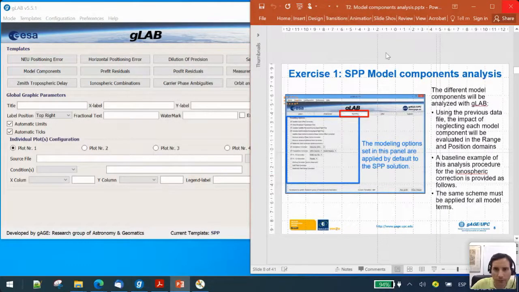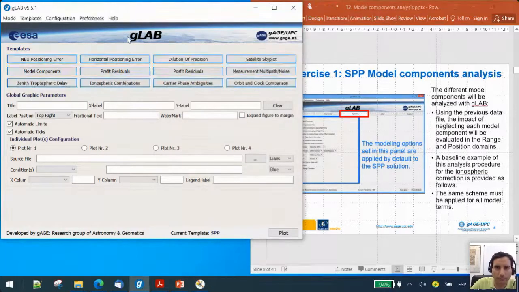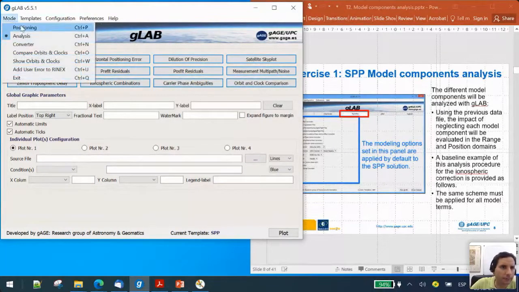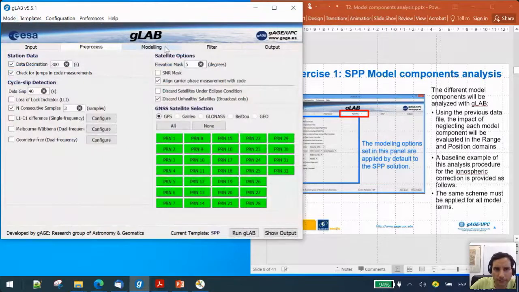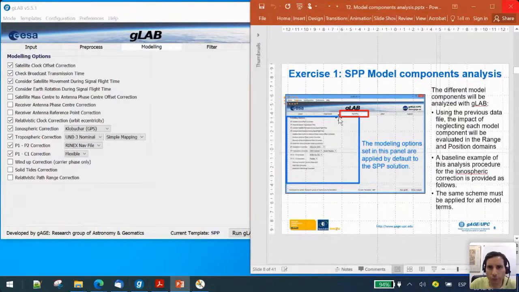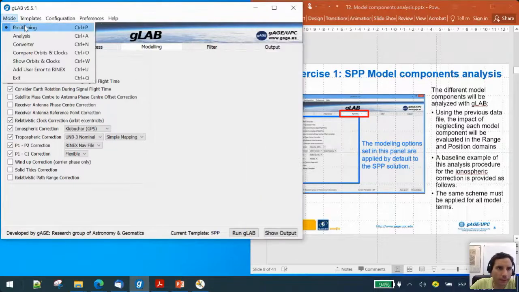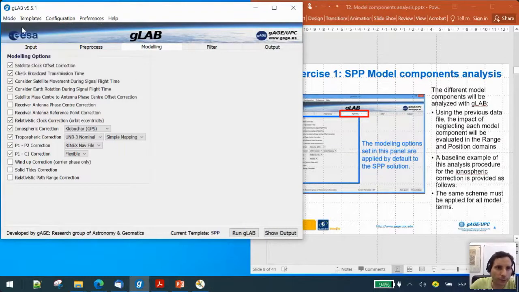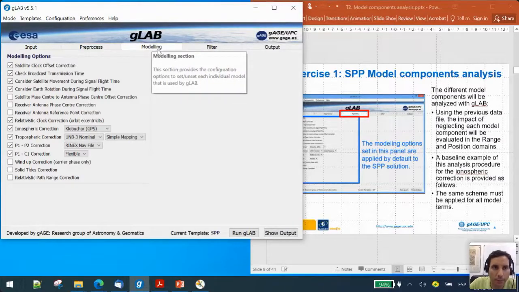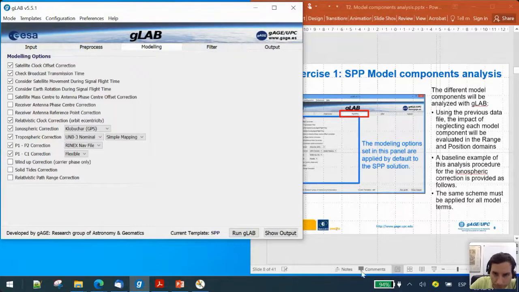Okay, so let's go to the exercise itself. We have to go to the modeling part. So we go back to the positioning, and then we go to this central modeling part.